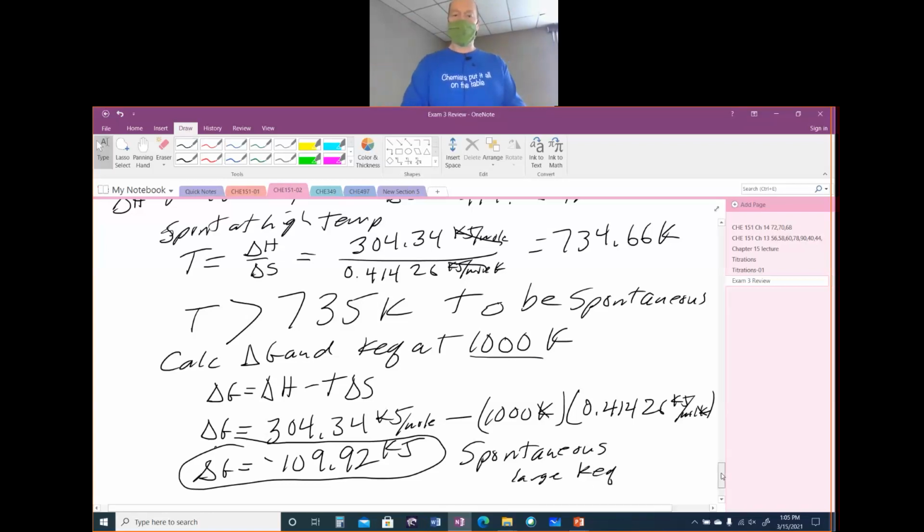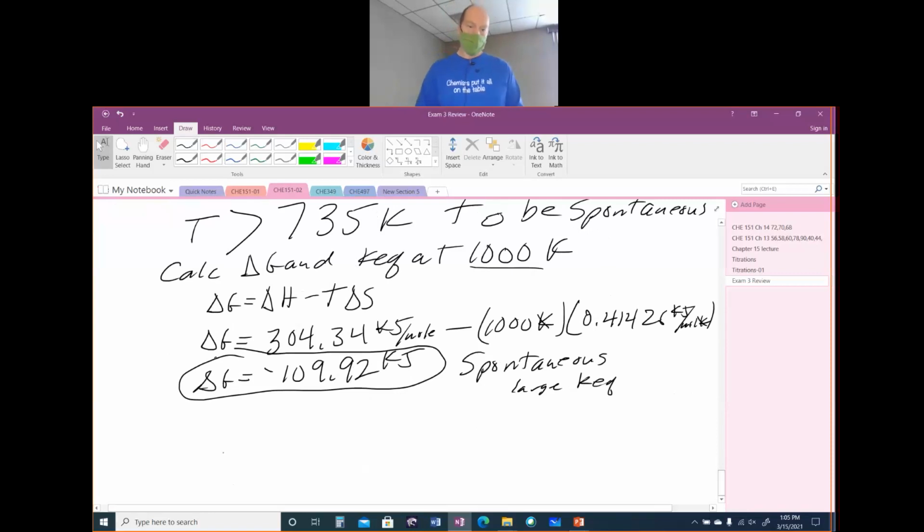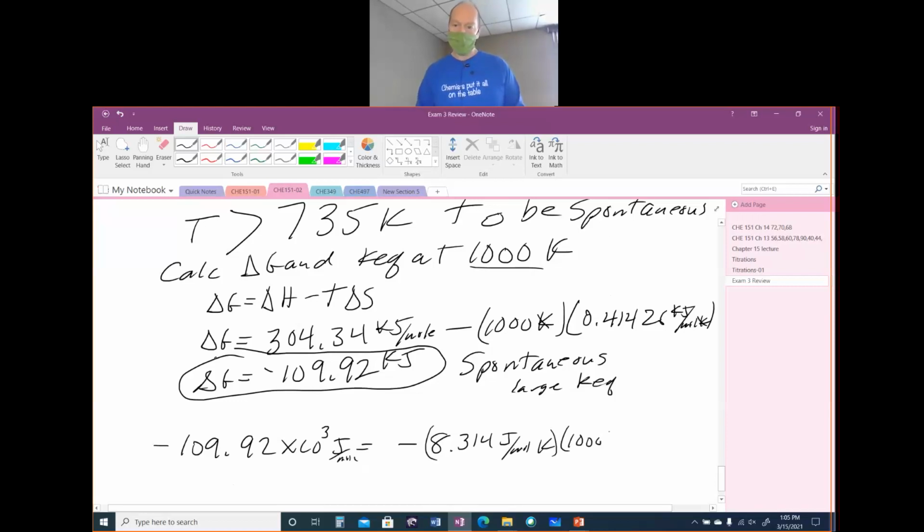All right, so when we calculate it, we have negative 109.92 times 10 to the third joules is equal to negative 8.314 joules per mole Kelvin, and then your temperature, 1000 Kelvin, ln KEQ.